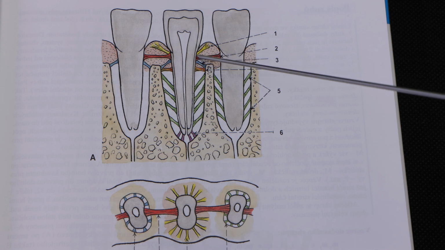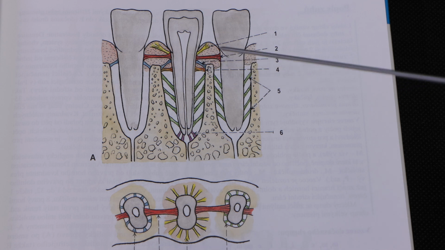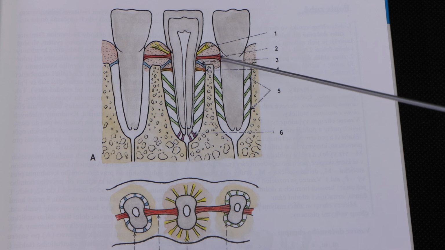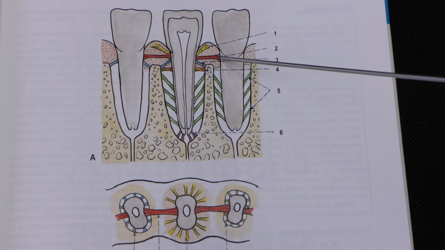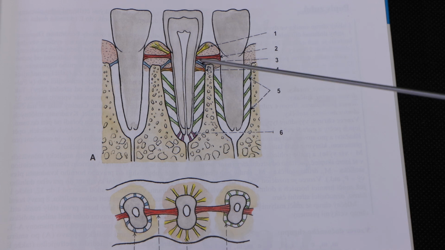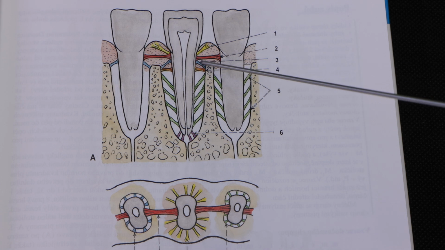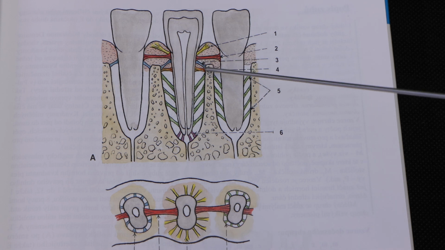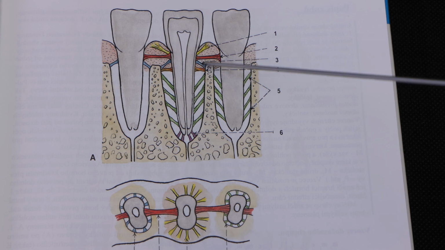The red one is called the transseptal ligament, which connects the neck of the tooth with the neck of the neighboring tooth. And finally we have the ligament of the alveolar process, which connects the neck of the tooth to the apex or upper part of the alveolar process.